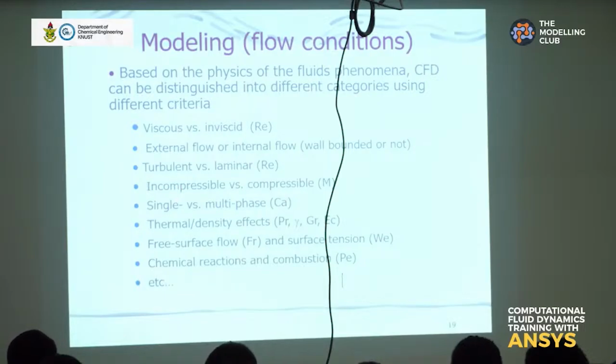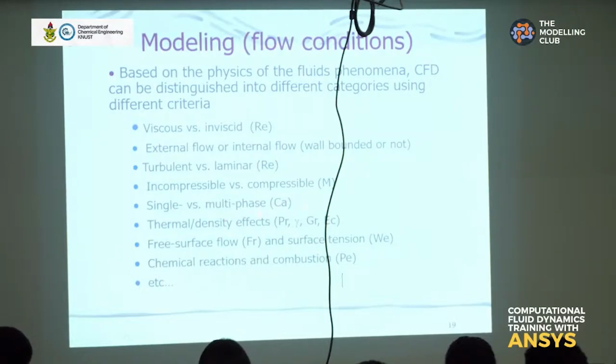We have to decide whether we have incompressible flow or compressible flow. In that case, the Mach number helps us determine whether we have incompressible or compressible flow. Do we have single or multi-phase flow?